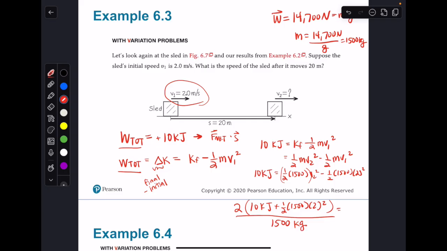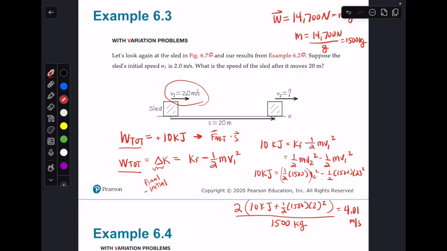And we get, make sure you follow the order of operations, 10 plus 0.5 times 1,500 times 4, divided by 1,500, times 2, 4 meters per second, roughly.